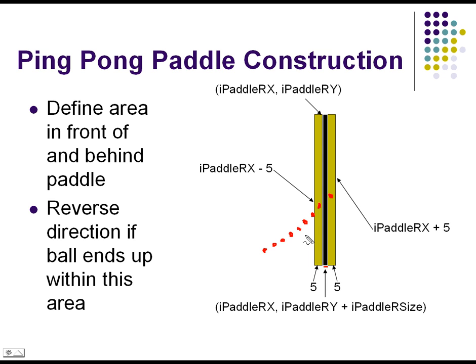So I've created a region here, and I've used 5 units on each side. That might be a little too big. 4 might work better. Because if the region's too big, the ball can come up from the bottom, you see, get inside this region, change direction, bounce, but the next bounce is still in the region, and then change direction again, and the next bounce is still in the region.